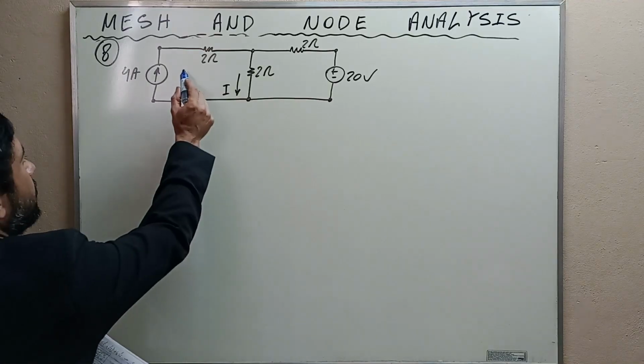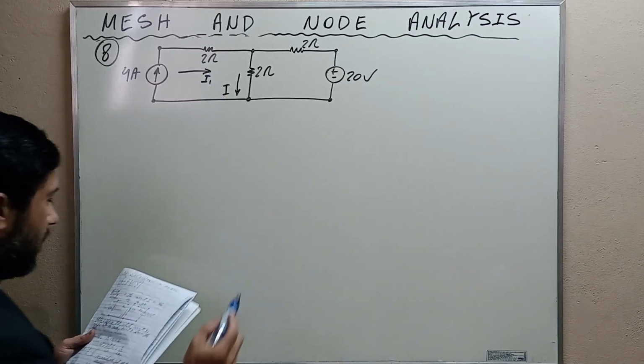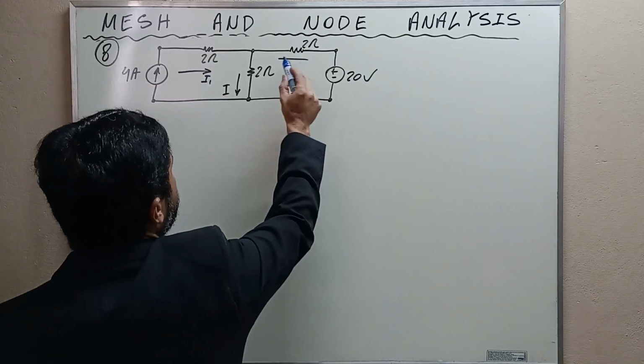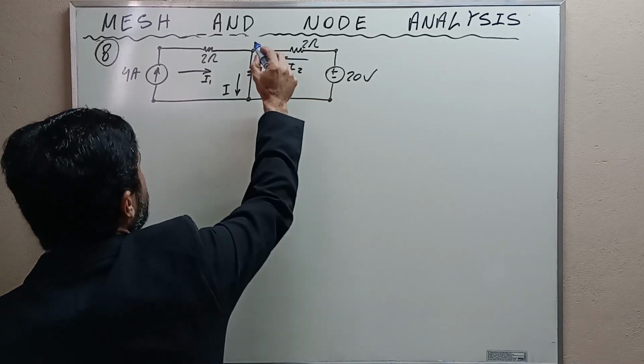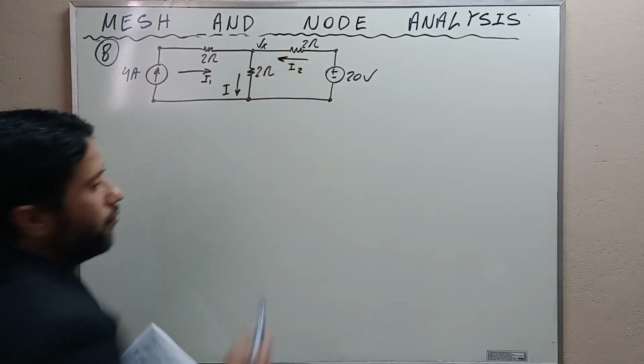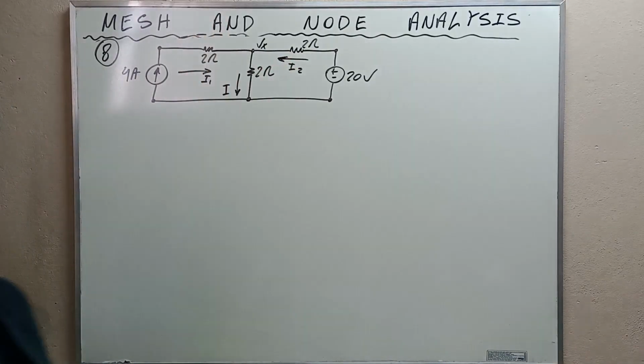I'm gonna label this current here I1, this current here I2, and this voltage here, the voltage of this node here, I'm gonna call it Vx. Okay, my friends?